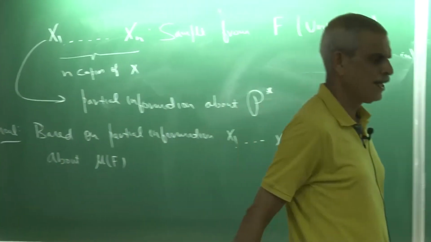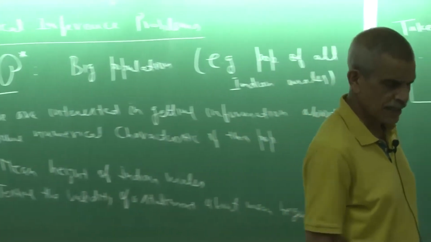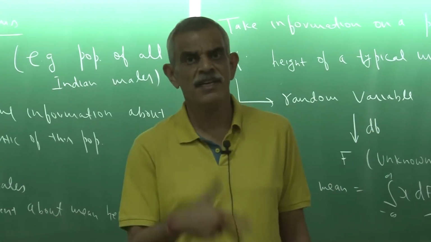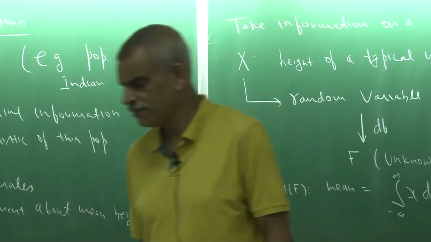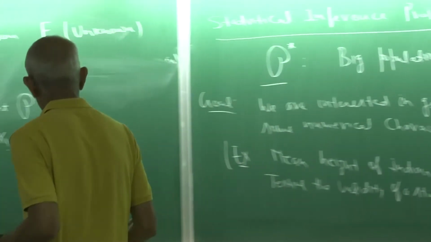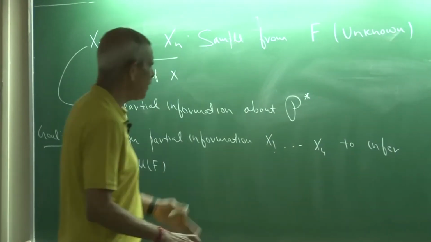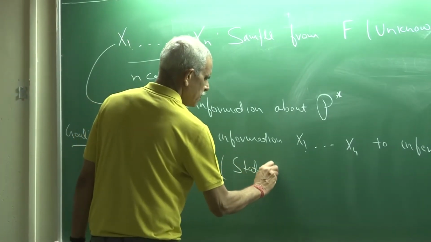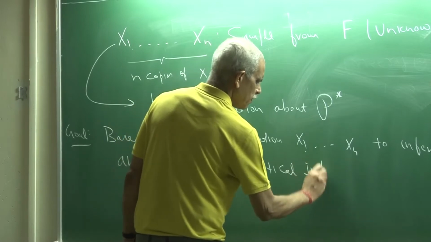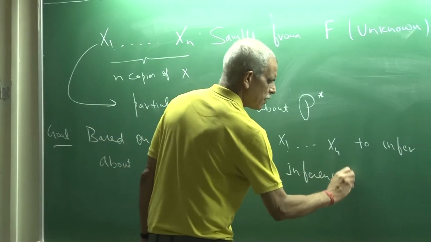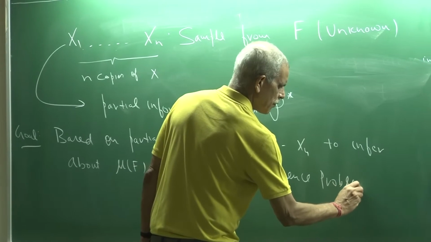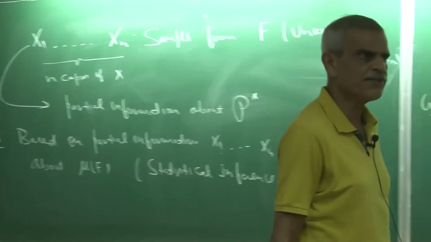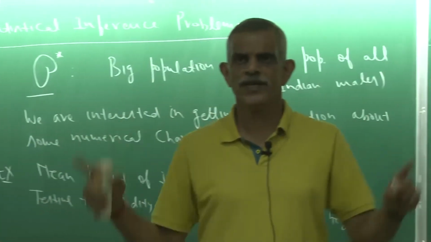Now, as I said, this could be getting an estimate of mu of f. It could be testing the validity of a given statement about mu of f. So, that's a typical statistical inference problem. Statistical inference problems are broadly classified into two categories.